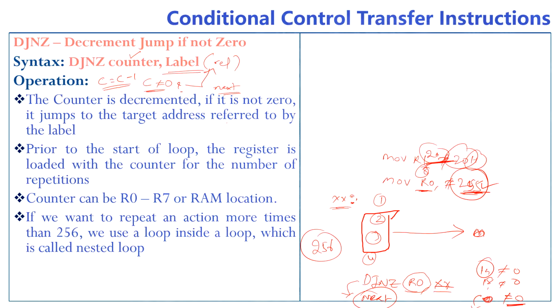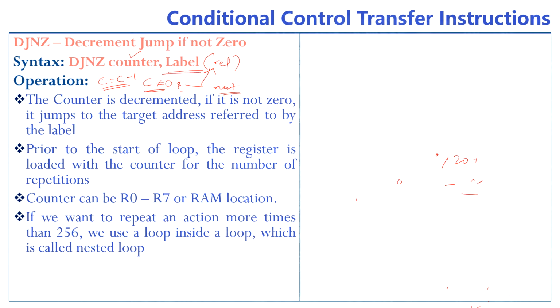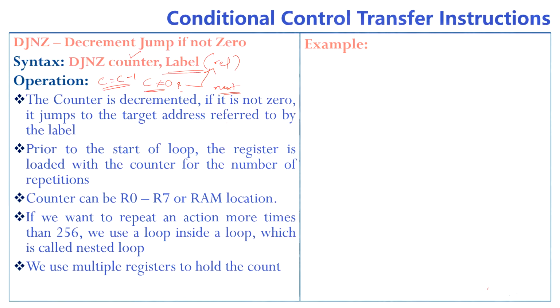This type of loop is called a nested loop. So if the counter register is not sufficient, you can go with nested loops to increase the number of loop iterations. This is the advantage of the loop instruction, DJNZ. We use multiple registers to hold the count.